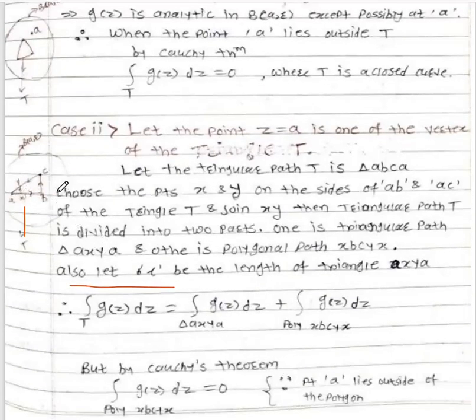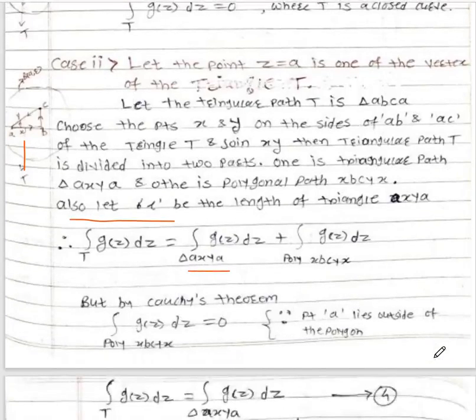So therefore this can be written as the integral over T of g of z dz, that is, the integral over the path AXYA of g of z dz, plus the second integral of g of z dz over the polygonal path XBCYX. But here g of z is analytic if the point z is inside the circle.